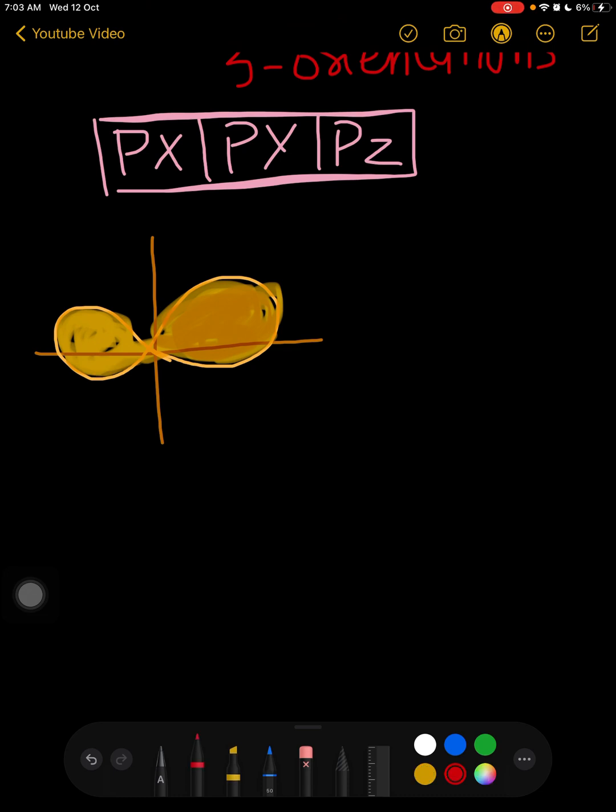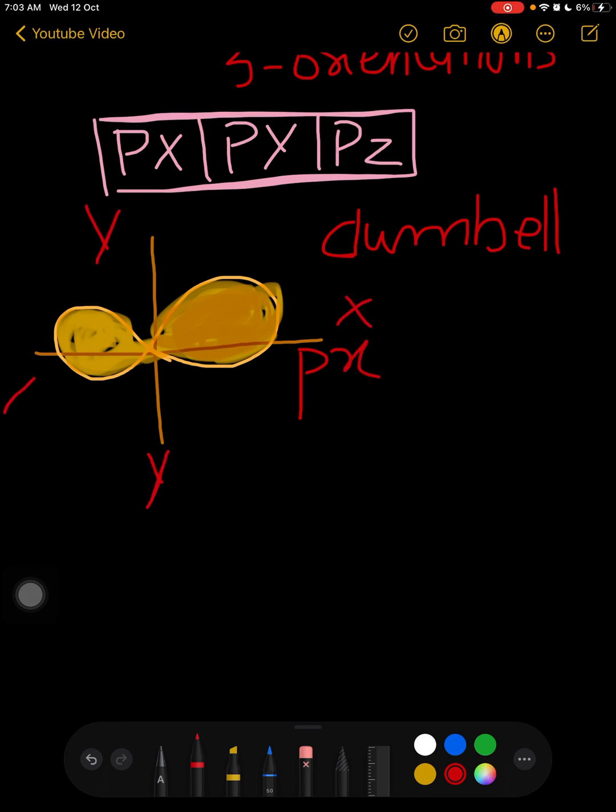So the shape of the p orbital is dumbbell, and this is the shape of px, right? This is the y-axis, this is the x-axis. So this is the shape of the px orbital.